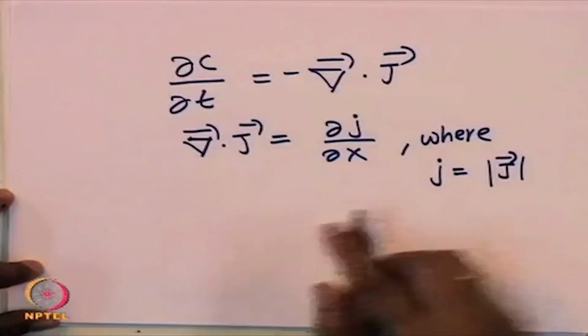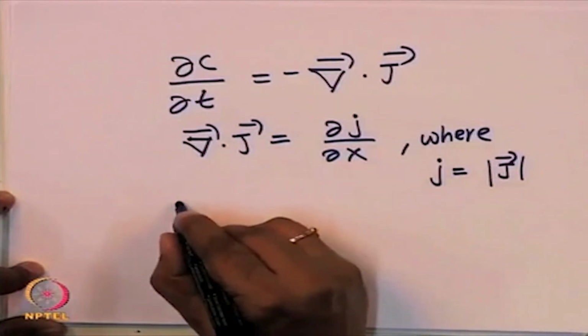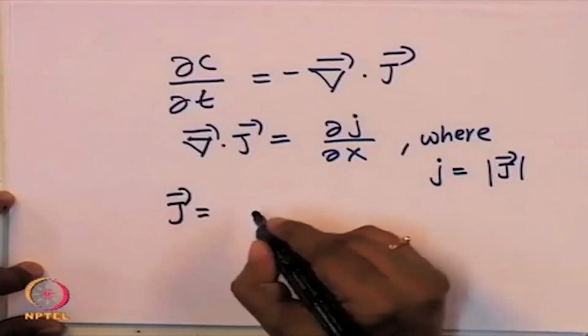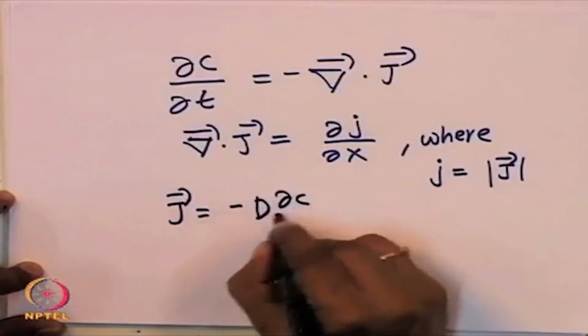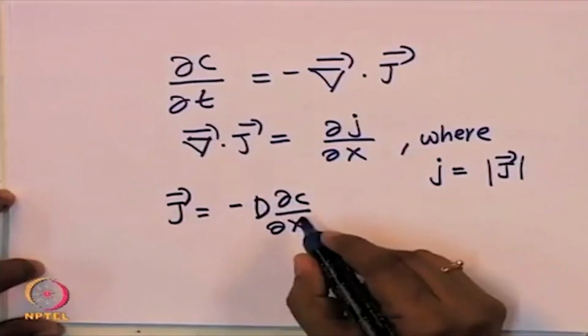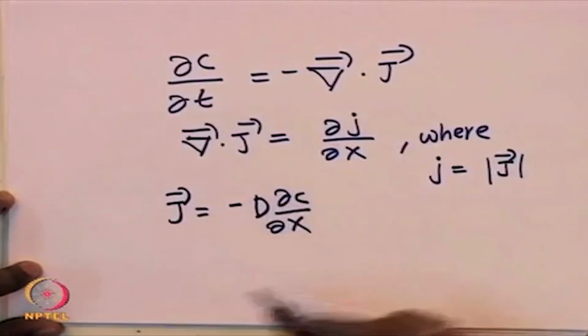We also learned that j is minus d del C by del x, that is, if there is a change in concentration, then there is a flow.